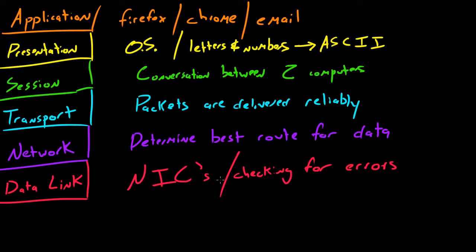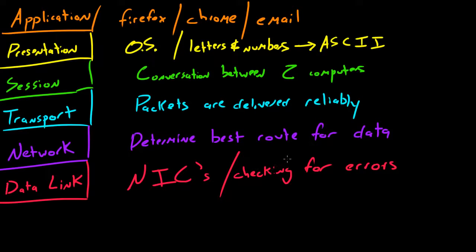So basically, what it's going to do is, again, just think of your network interface card as the main piece of hardware on your data link layer. Well, I don't want to say that, because there are also switches, and we'll talk about switches and routers later on, and the difference between all those. But basically, your network interface card and switches are the 2 most famous pieces of hardware on this layer, and it's responsible for checking for errors.